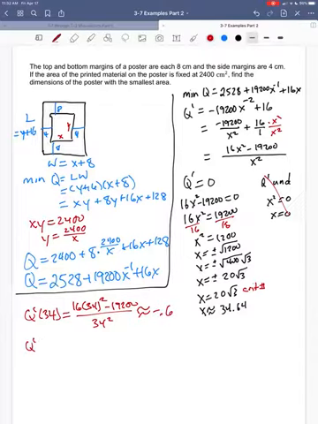If I look then a little bit bigger than 34.64, maybe that's 35. We just do the same thing. We plug in 35. Do that on the calculator, and this time we get positive 0.3.